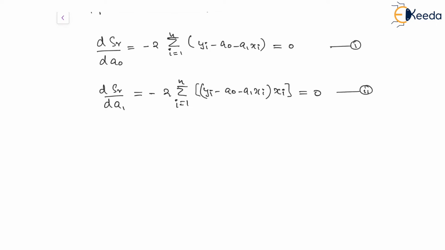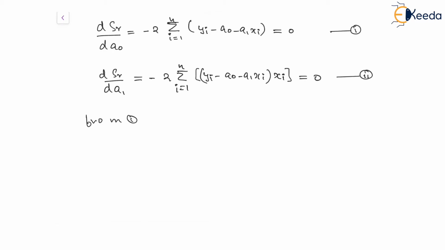So from 1 we'll have summation of yi, i equal to 1 to n, minus summation of a0, i equal to 1 to n, minus summation of a1 xi from i equal to 1 to n equal to 0.